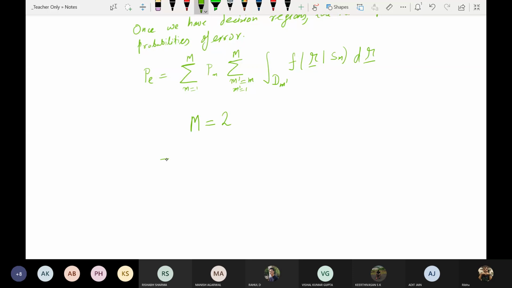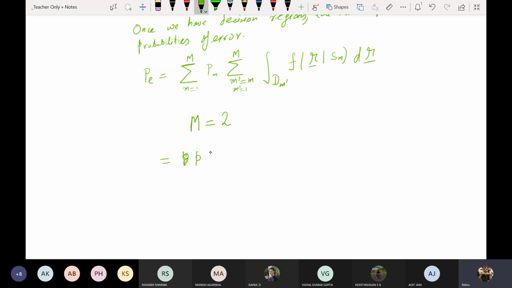right? So probability of error equals, for m equal to 1, P times the summation. Let's write out the summation because we just have two cases. This inner summation will be just over one entry because it'll either be D1 or D2.